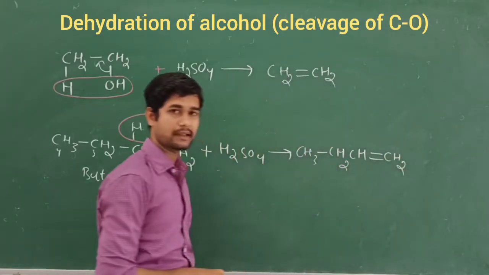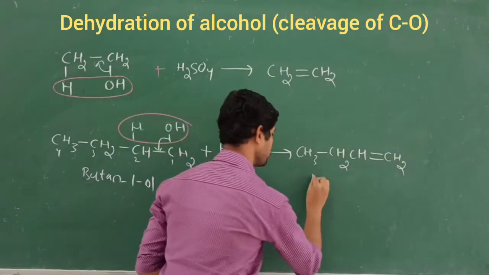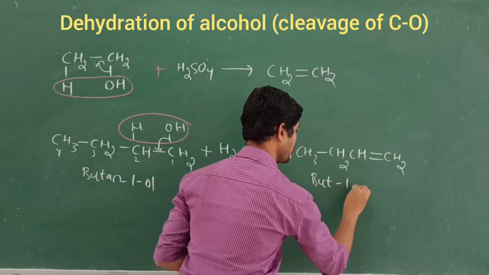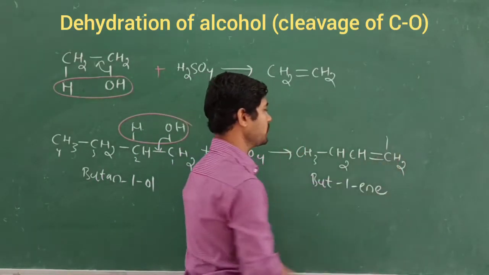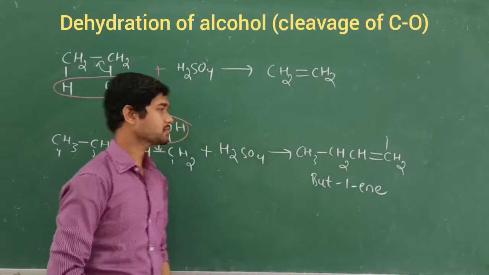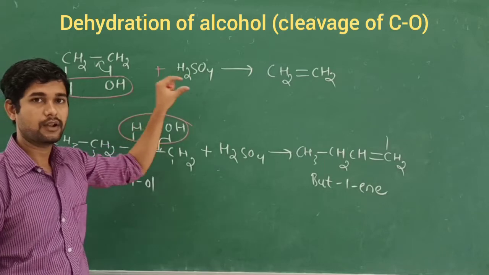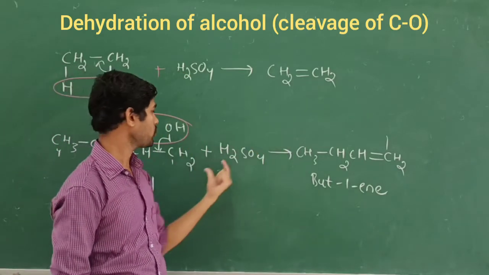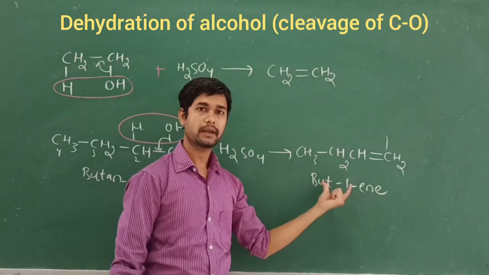Its name is but-1-ene, because there are 1, 2, 3, 4 carbon atoms and at the first carbon the alkene group is there. So like this, alcohols treated with H2SO4, the dehydrating agent, lose water molecules and the alkene compound is obtained.